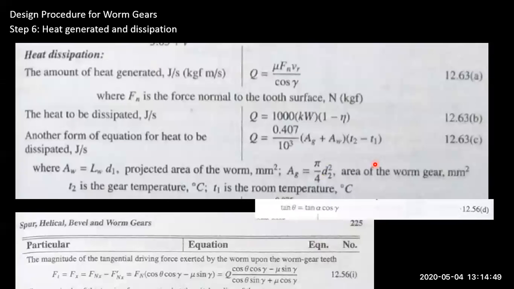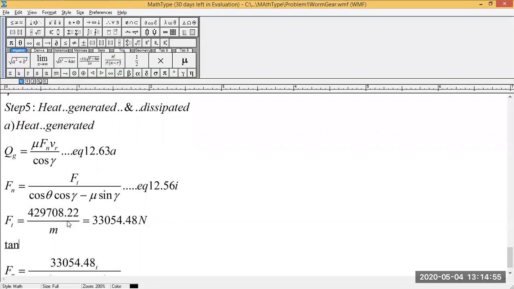It is given here. Very small equation. 12.56d. You have tan theta equals tan alpha cos gamma. Let's do that. So tan theta equals tan alpha cos gamma.